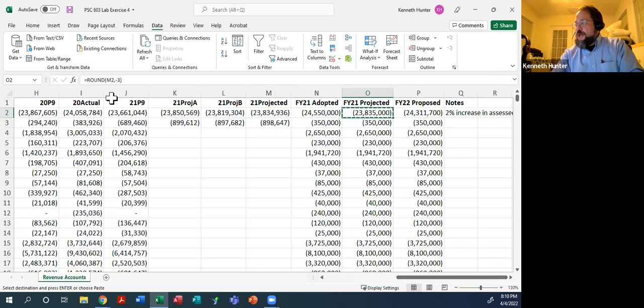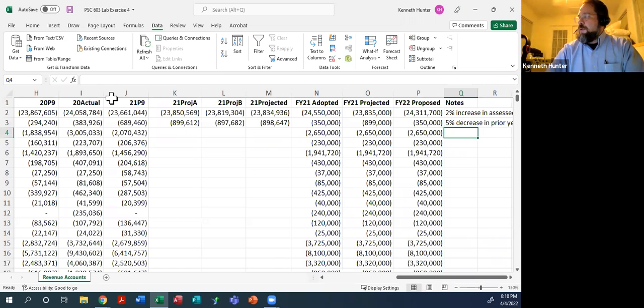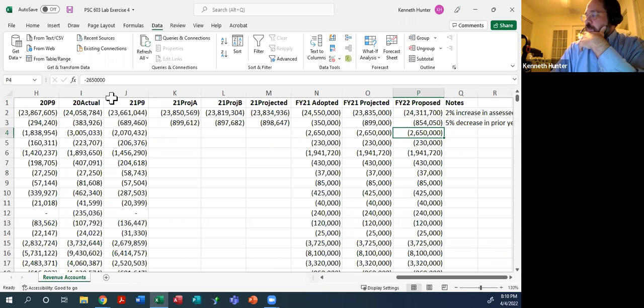I'm going to round the projection: 899,000. Let's say my note says it's going to be a 5% decrease in prior year collections. So I would equal that times 0.95, which is 100% minus 5%. And that gets me that number.